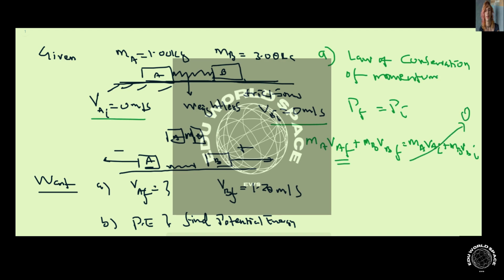Our goal is to get the final velocity of A. So v_A final equals minus m_B v_B final all over m_A.